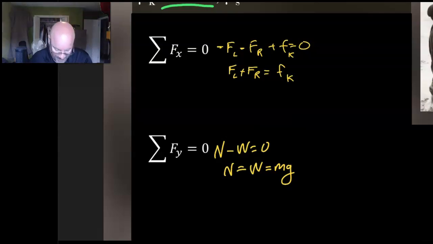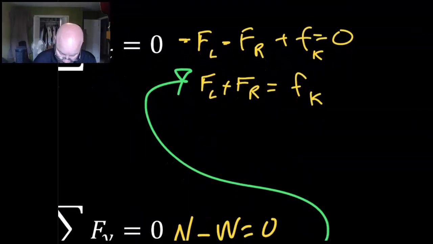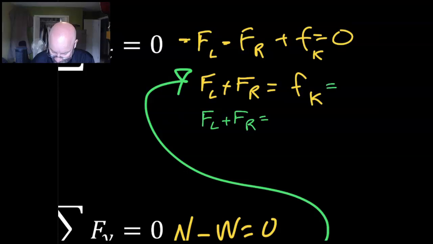All right, so let's take that information and put it up here into this relationship. So what we're going to have now is that FL plus FR is Fk, but Fk is mu k times the normal force. And we found the normal force is the same as the weight. So we have mu k mg.